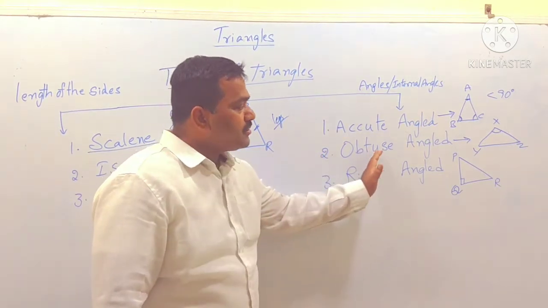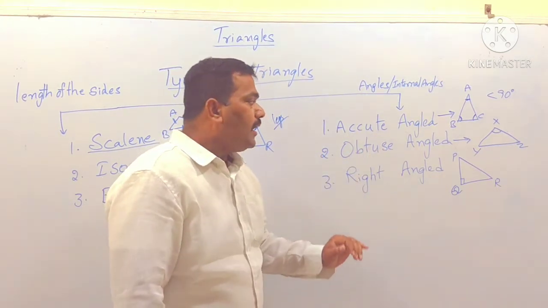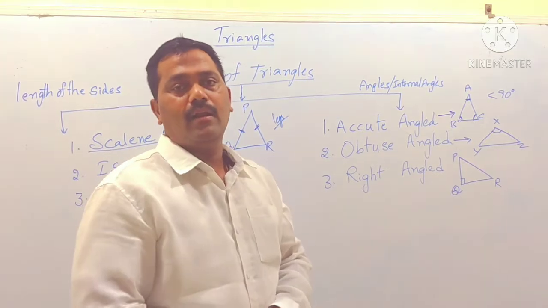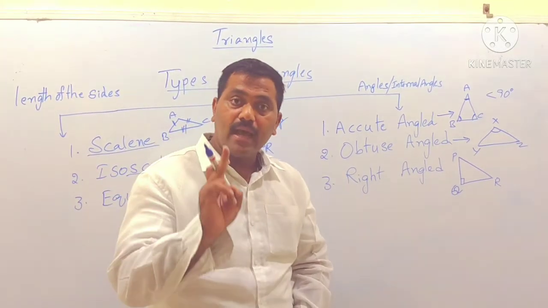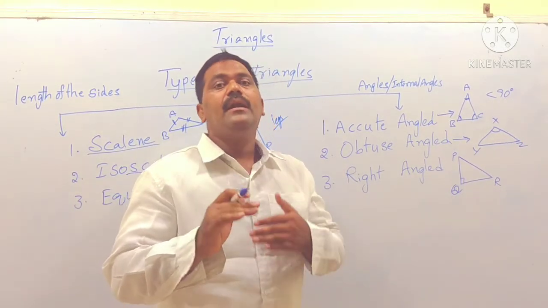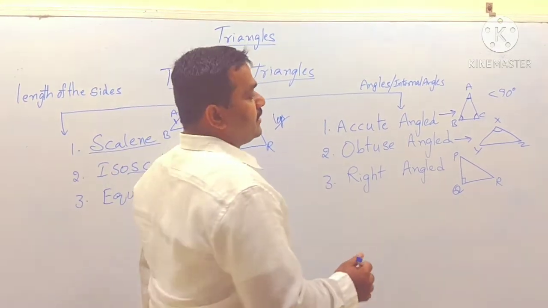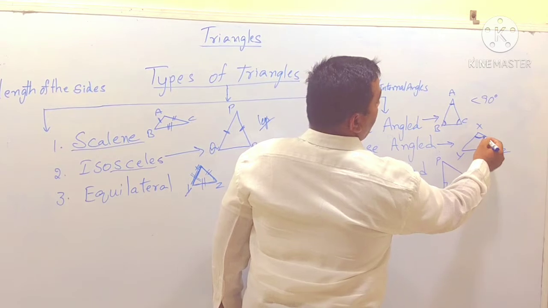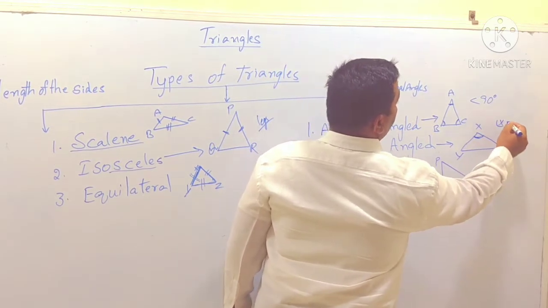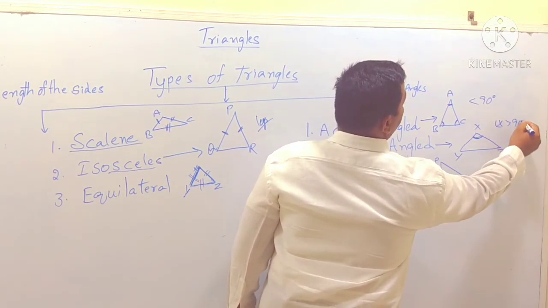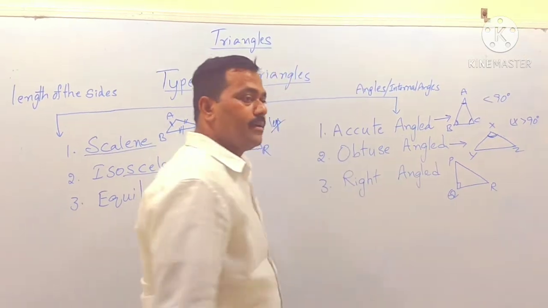Next, the obtuse angle triangle. In an obtuse angle triangle, only one angle is greater than 90 degrees. Here, angle X is greater than 90 degrees.